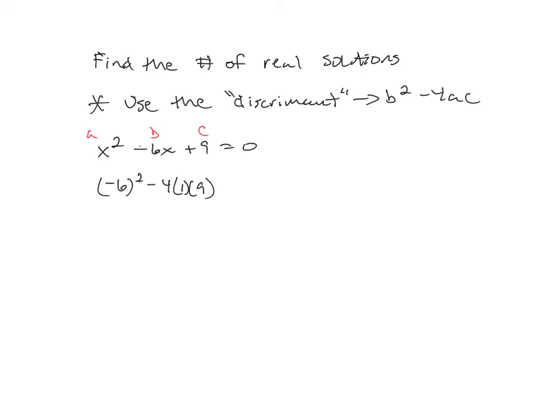So negative 6 squared is positive 36. That number will always be positive. Negative 4 times 1 is negative 4. Negative 4 times 9 is negative 36. And I get 0. Okay, so when I get 0, that means one solution.